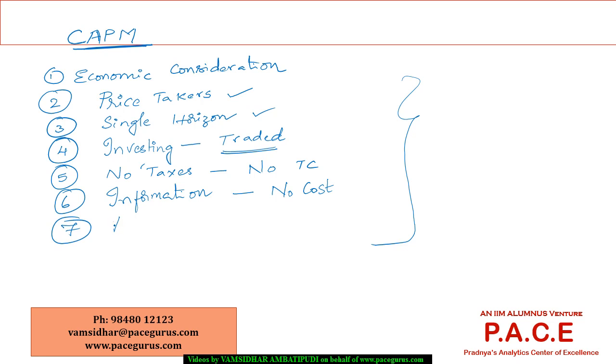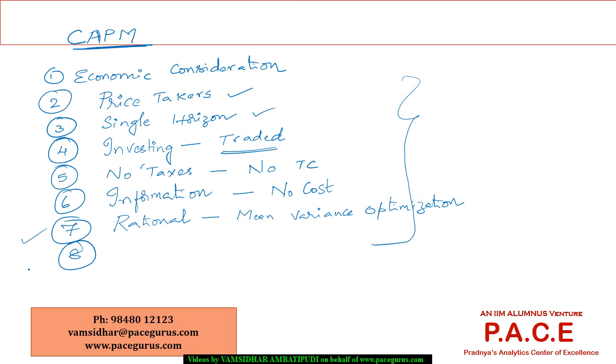And when it comes to investors, it assumes that all the investors are rational, and everyone goes with mean variance optimization. We have looked at the portfolio optimization framework, where we optimize the mean return versus the risk involved with the portfolio.